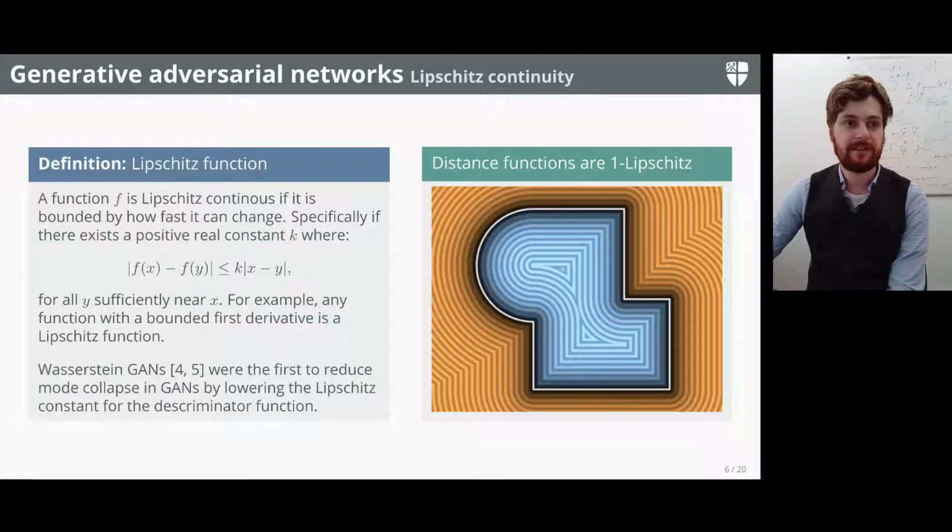If you take any two points which are nearby, then they're one Lipschitz, so the rate of change of this function is 1 until you reach the surface. There are a few abnormalities, but it's 1 everywhere where possible. So distance functions are one Lipschitz functions.